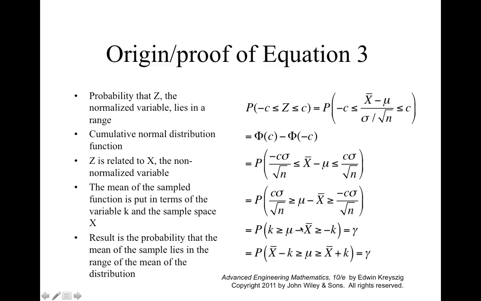And then you can replace that with k just based on the definition. You can then move x bar to either side, and what you find out is that this mu lies between x bar minus k and x bar plus k, where x bar is your sample mean, mu is your population mean. And then that gives you some value gamma.